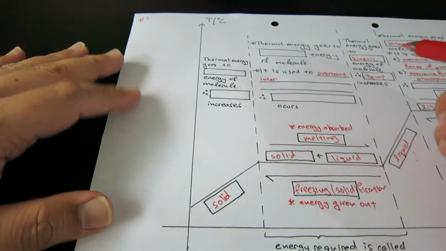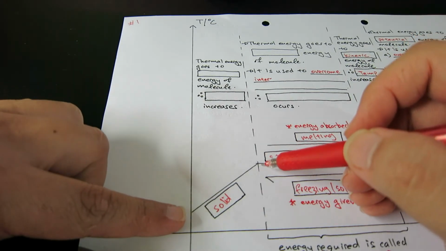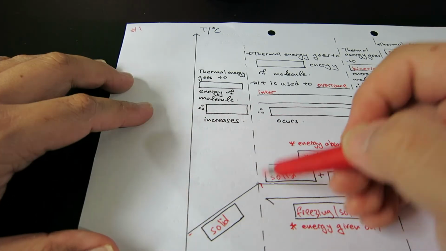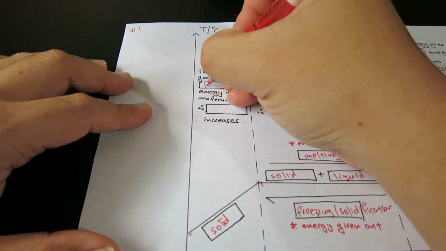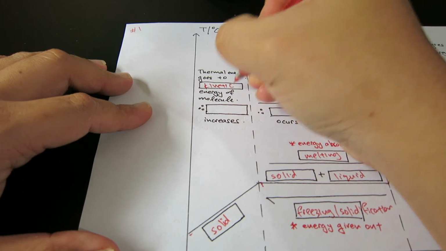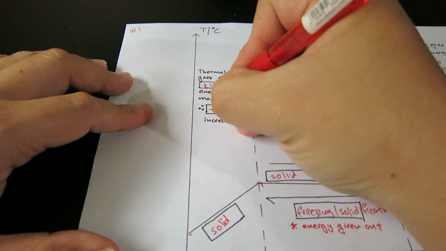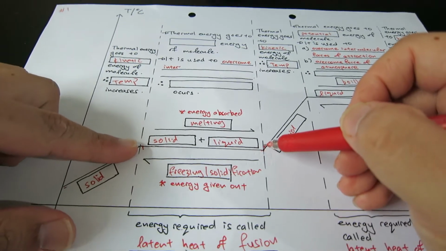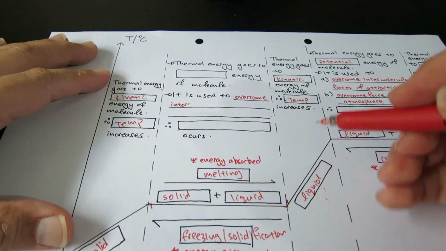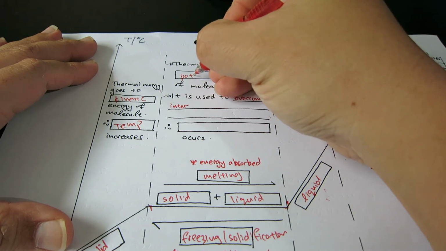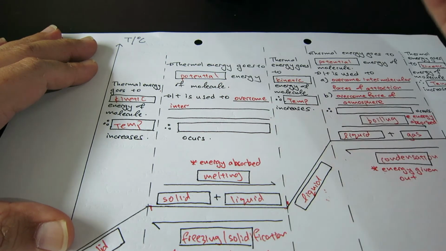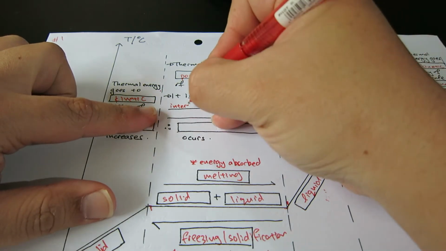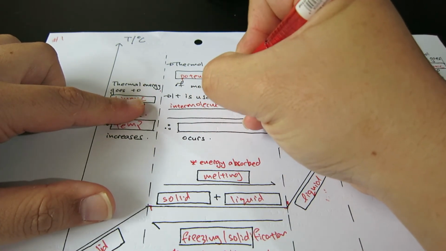Now, whenever we are talking about a temperature change, say I'm increasing the temperature of a solid, you must remember that the thermal energy goes only to the kinetic energy of the molecules, which then results in a temperature change. Over at this point, all the energy being supplied goes into the potential energy of the molecules instead. And what is it used for? It's used to overcome the intermolecular forces of attraction.